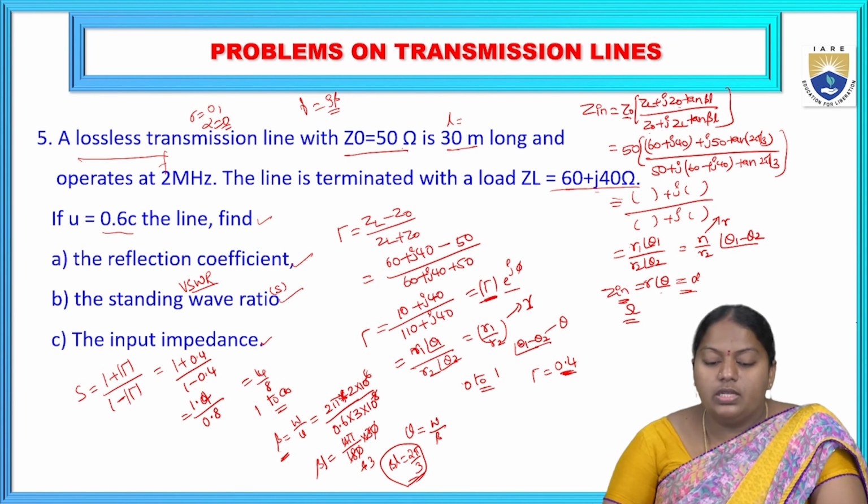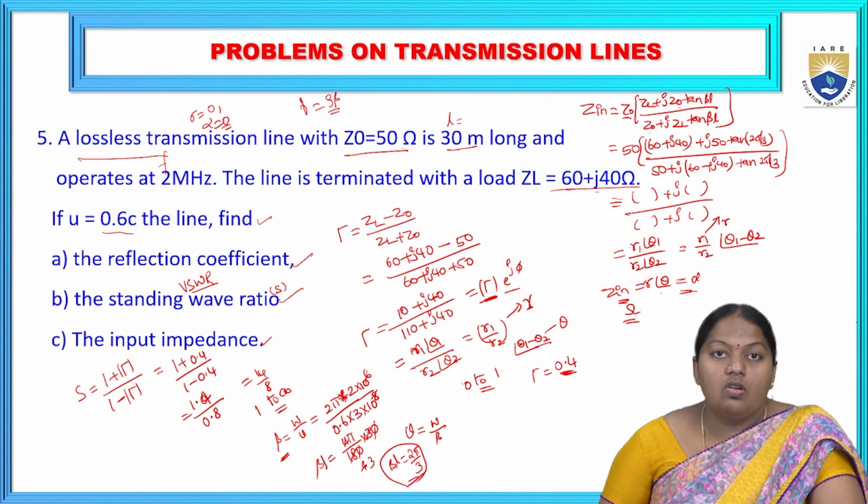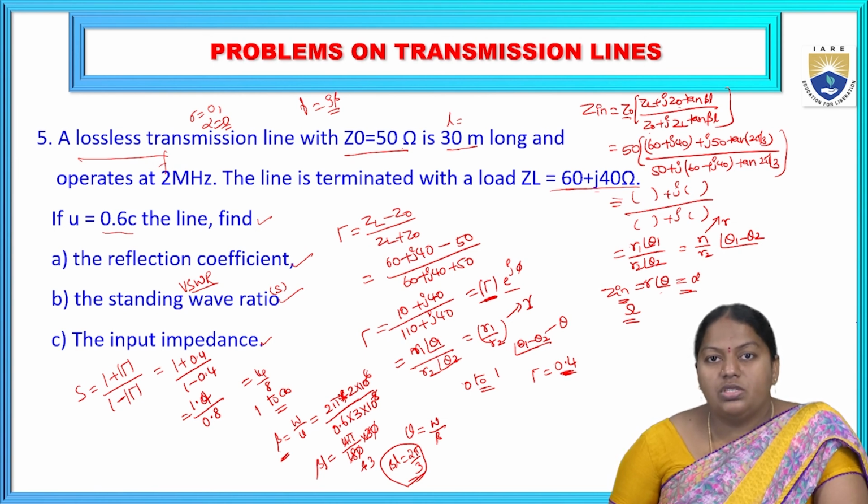Right? As we know, in order to find the input impedance of a transmission line, we must specify whether the type of the line is a lossless transmission line or a lossy transmission line.